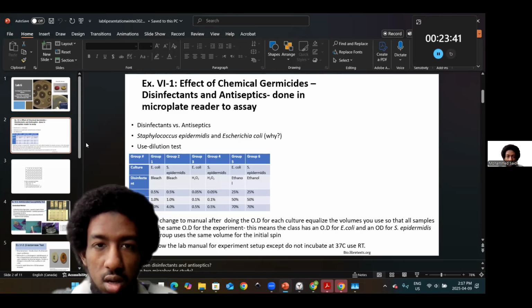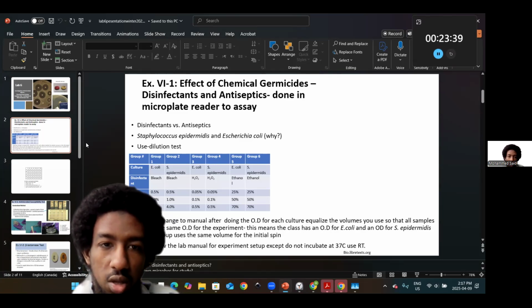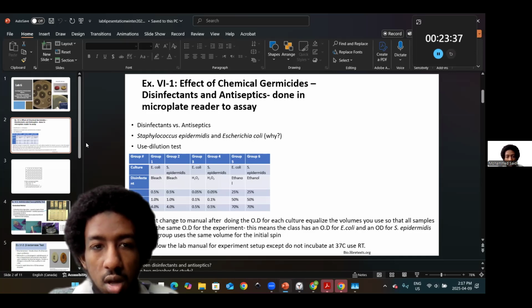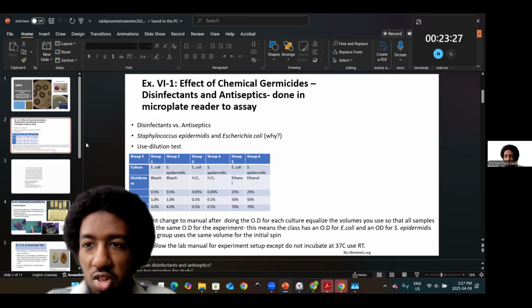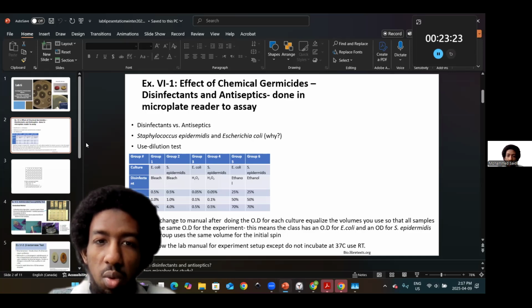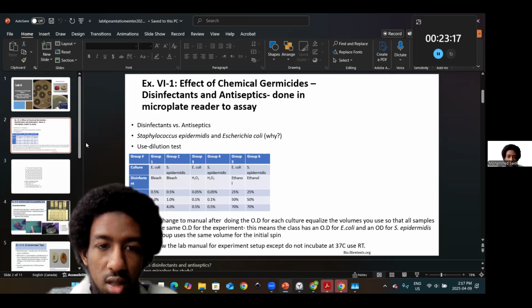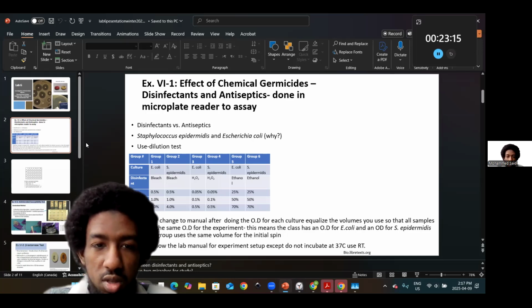That could be on the skin, or it could be internal, in different ways. And you have the two bacteria that we recall. Hopefully, you can share in the comment section your thoughts as to why we're using Staphylococcus epidermidis versus E. coli in this exercise for testing different types of chemical germicides.